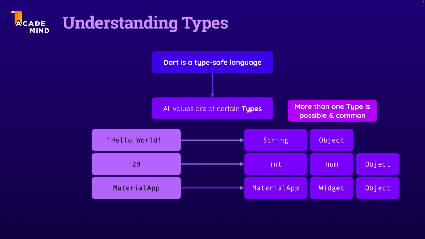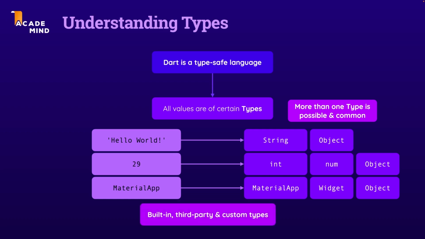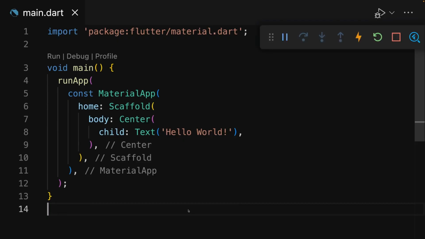And those types are either built into Dart or provided by a third-party package or provided by you when creating your own types, which you typically do implicitly. And in our application here, we're also working with types in a lot of different places. But why does this type feature even exist? Why does it matter that this text is technically of type string?